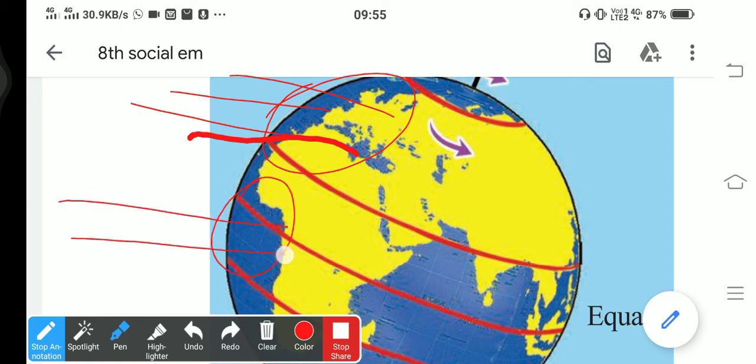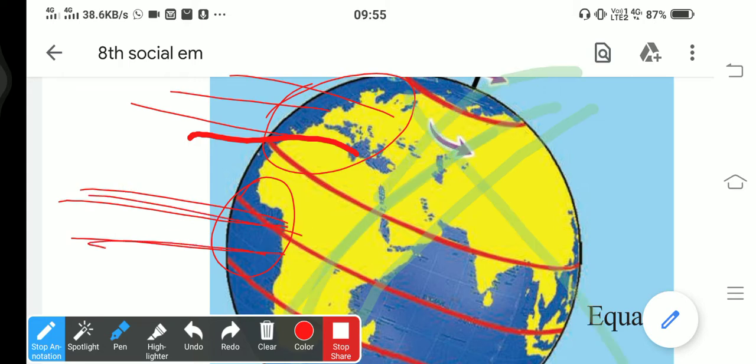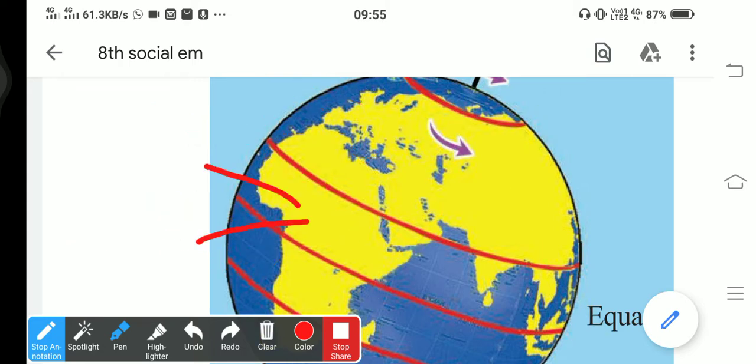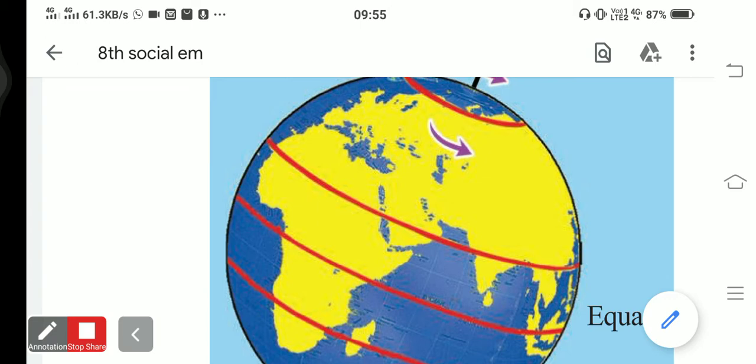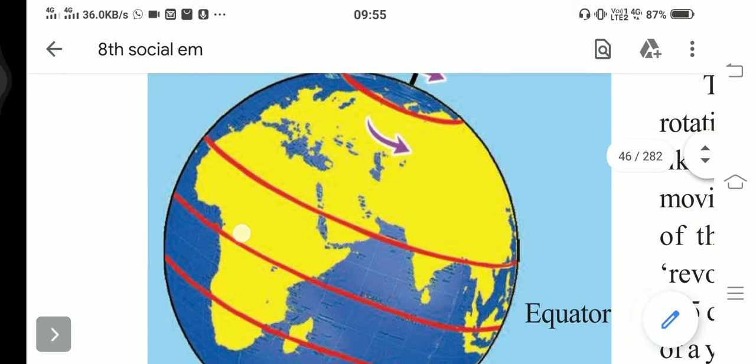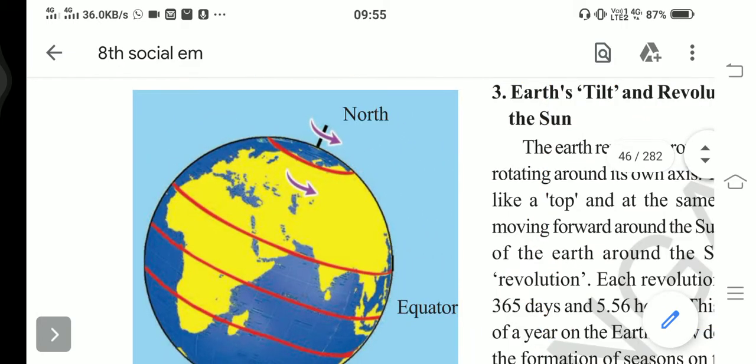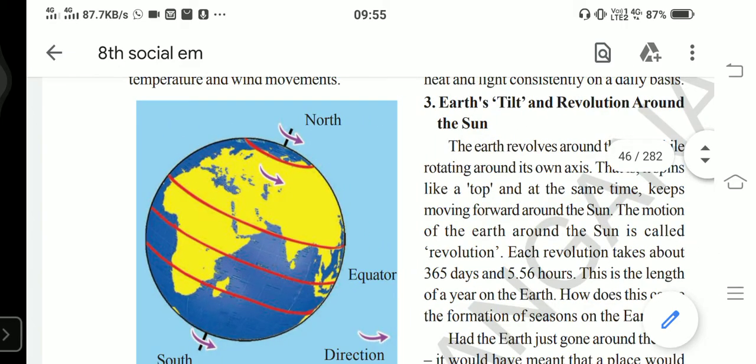Here sun rays fall vertically, understand, so we see here that the curvature of the earth will influence the insolation received there, right? Insolation received at a place decides the temperature there, right?